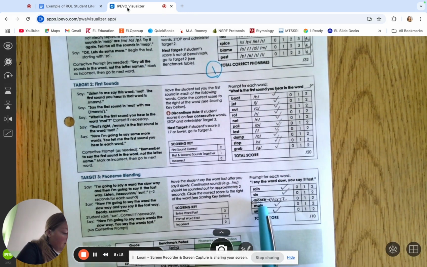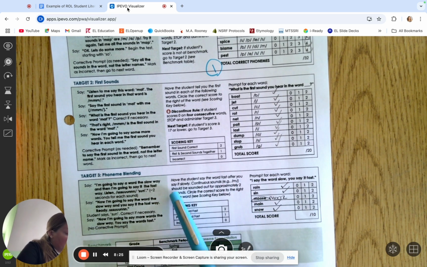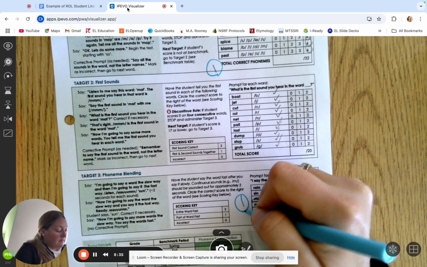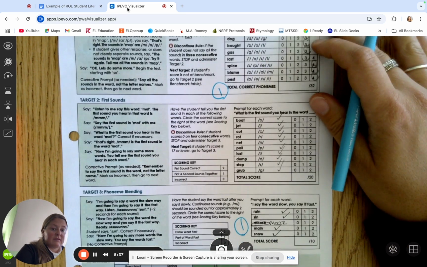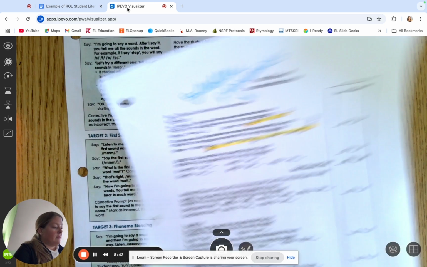And this last part for phoneme blending, where the student says the word fast after you say it slowly. So I said ooh, s, and the student had to say the word. The student said moose. So that was 1 incorrect. So it's not too bad here.